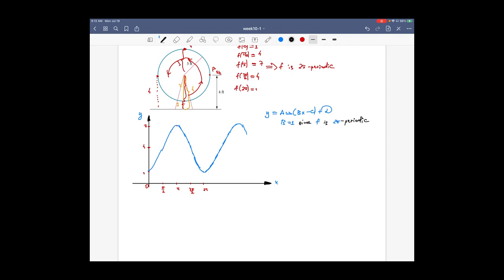What about D? D is 4 because that's where the midline is. So this distance is 3. And this distance is 3. D is 4 since the midline is y equals 4.